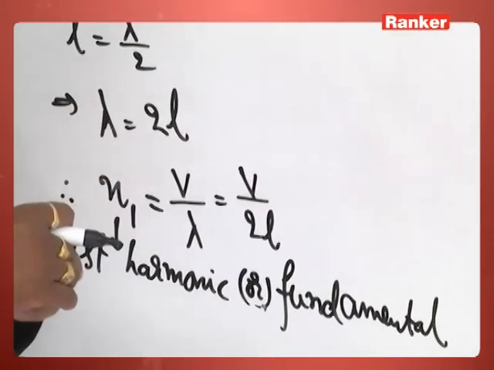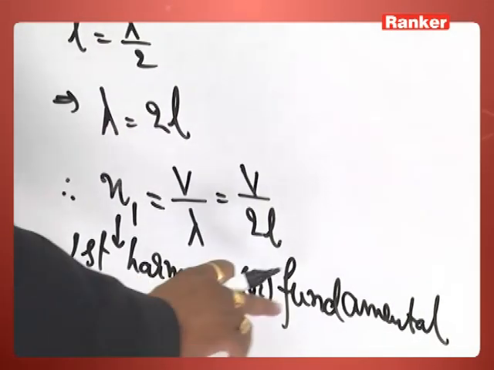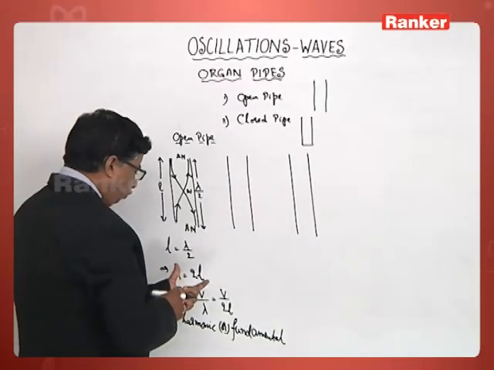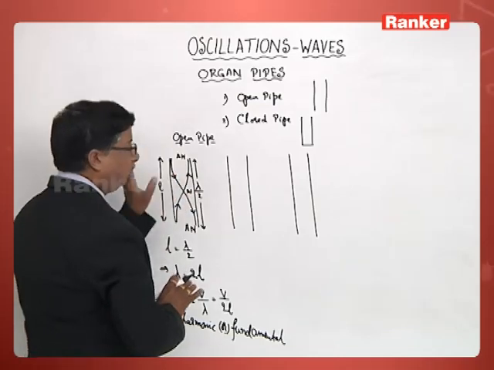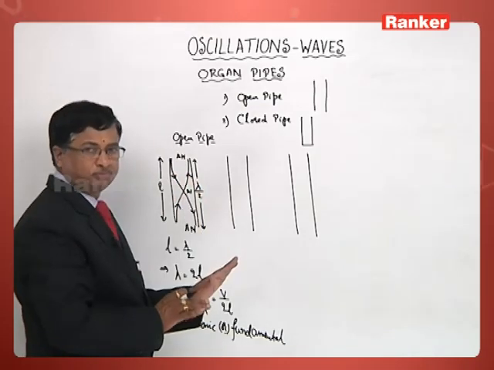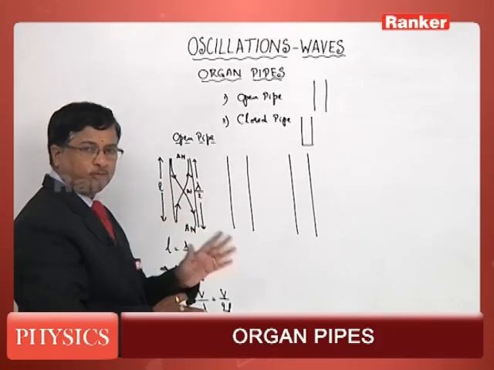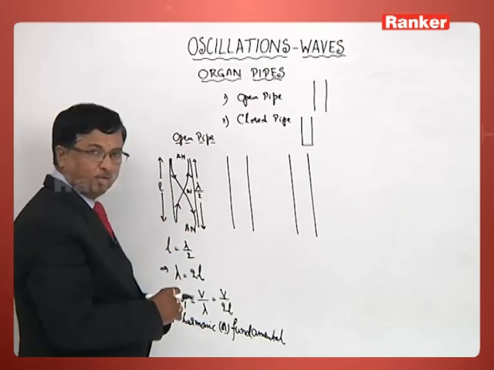So, this N1 is called either first harmonic or fundamental frequency. The point here is that less than one node is not possible in any of the open pipes. Less than one node means no node formation. No node formation means no stationary wave formation. You can understand it directly that way.